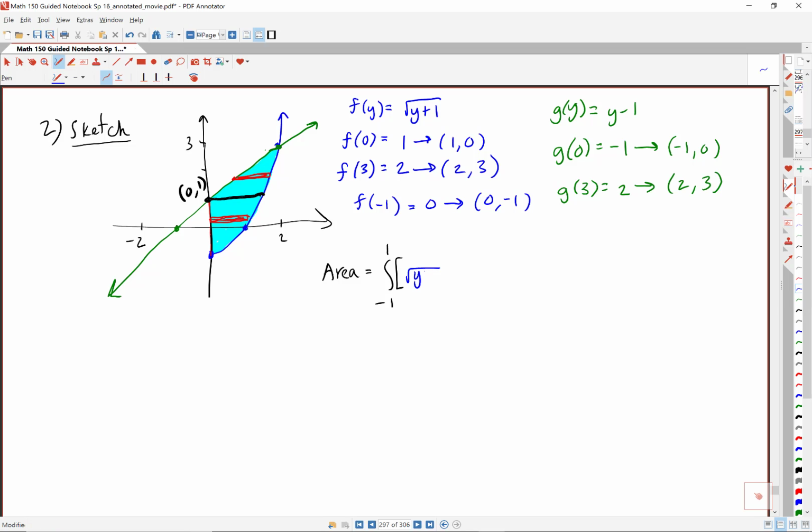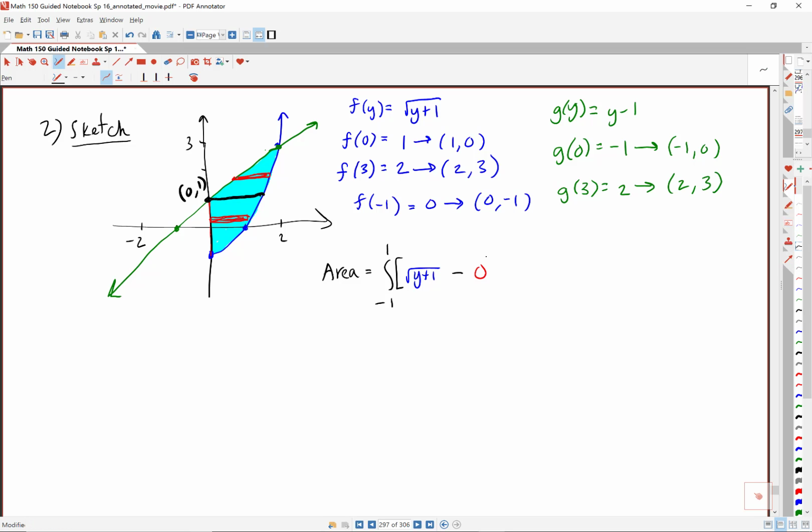Our leftmost graph is going to be the line x is 0. Okay, so that would be, we had done that one in red, so minus 0. And this is with respect to y.